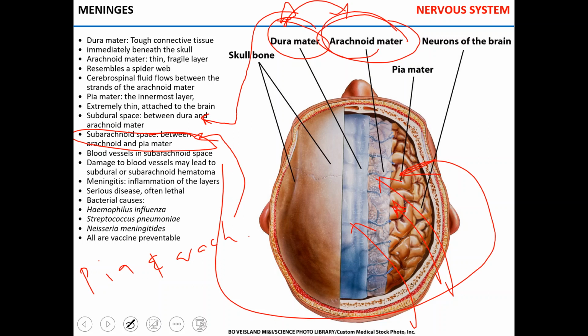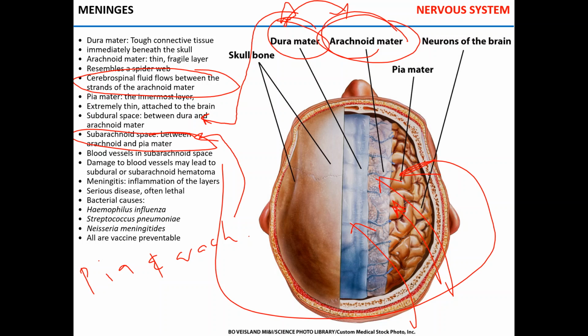Okay? So why are these spaces important? For instance, subarachnoid space is the space where there is cerebrospinal fluid. And also the blood vessels that supply brain are located in the subarachnoid space as well.